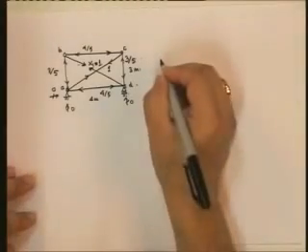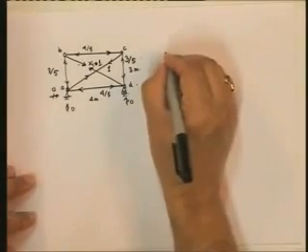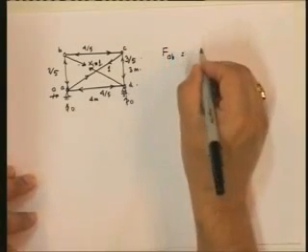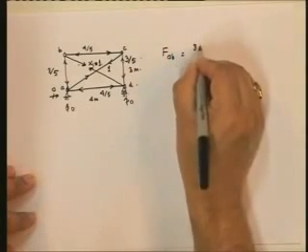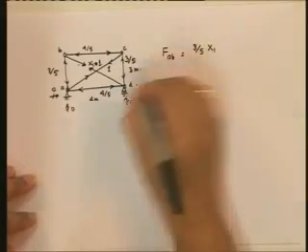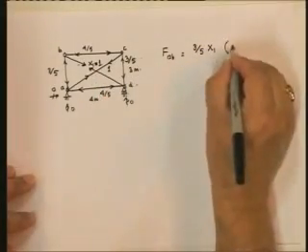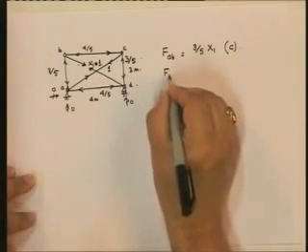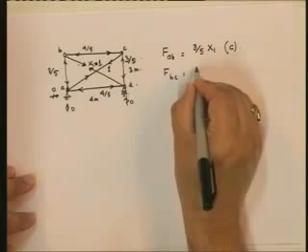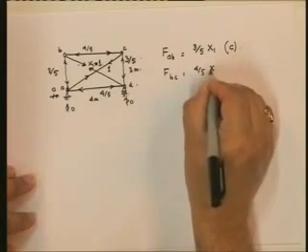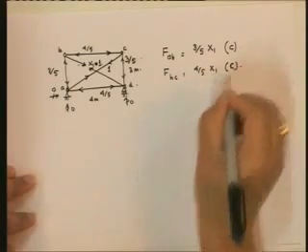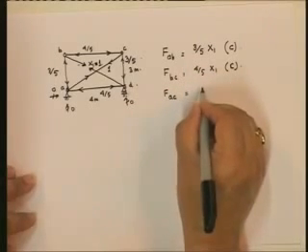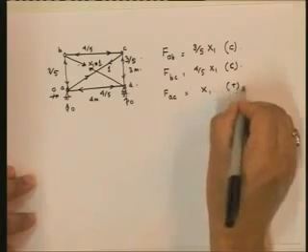So let me write them down. So that means force in AB is equal to 3 by 5 x1, because I put x1 equal to 1, and this is compressive, assuming x1 to be tensile. FBC is equal to 4 by 5 x1 compression. FAC is equal to x1 tension.